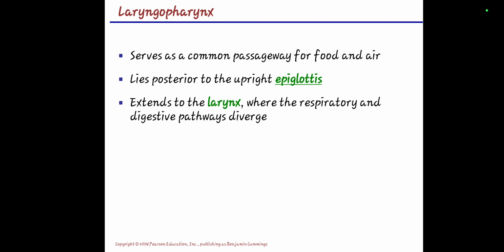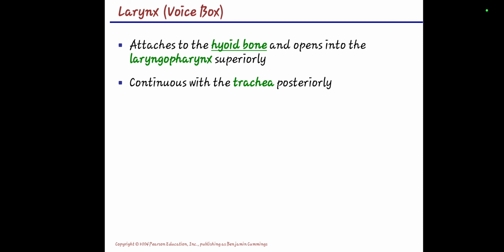It begins at the epiglottis and leads down to the esophagus. Its major function is to regulate the passageway of air to the lungs and food to the esophagus. So the laryngopharynx takes part in respiration, because it is a passageway of air to your lungs, and in digestion, because it is a passageway of food to your esophagus.